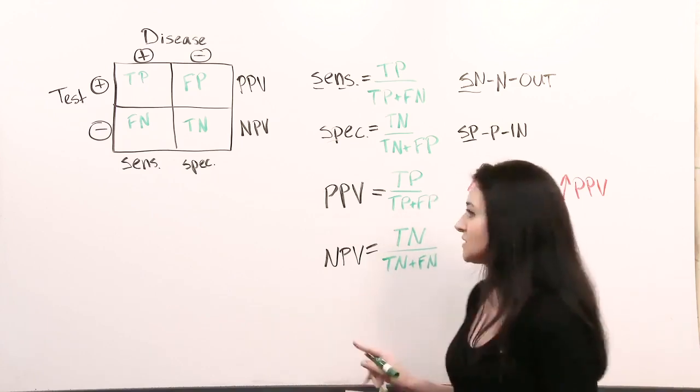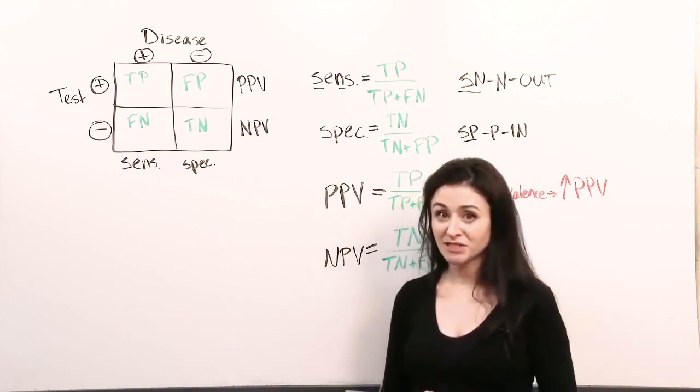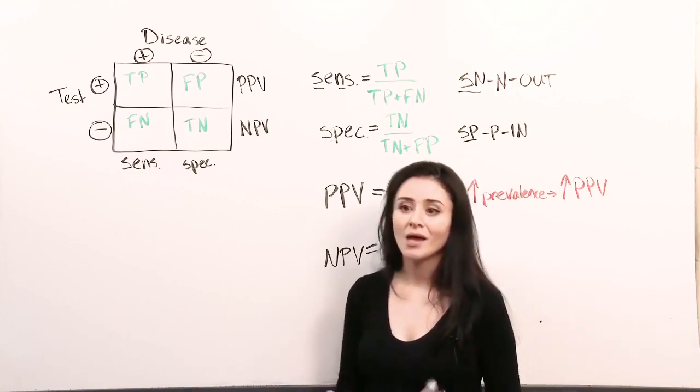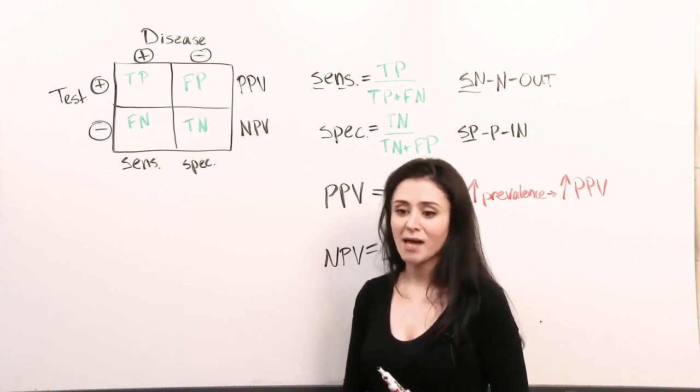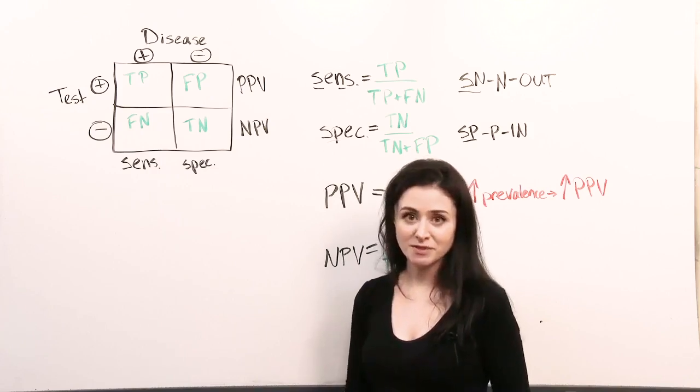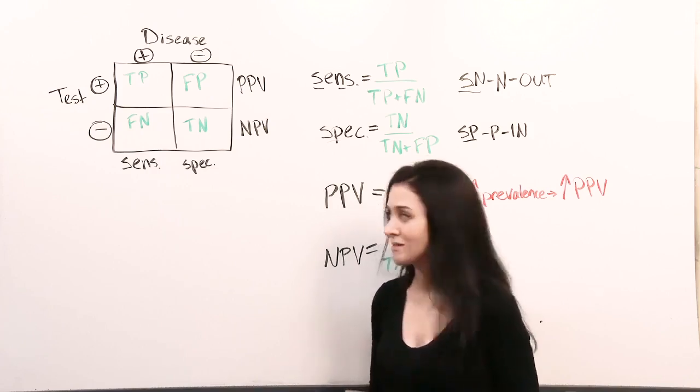All right, let's finish with a word on precision and accuracy. Precision in a diagnostic test requires that you are able to reproduce your results and that your results are consistent.